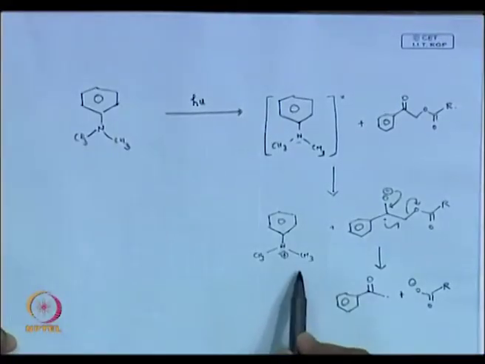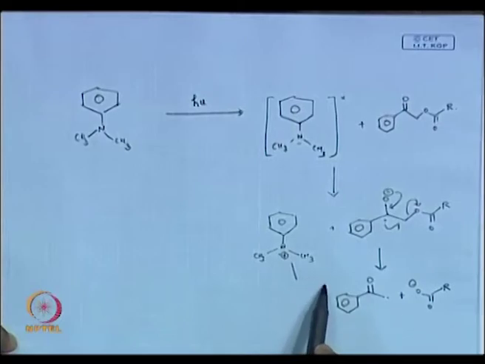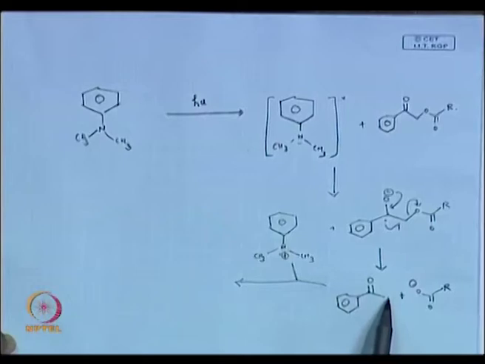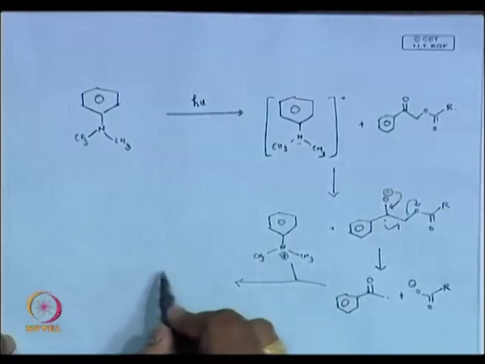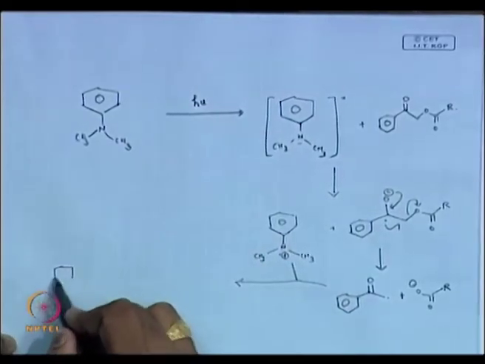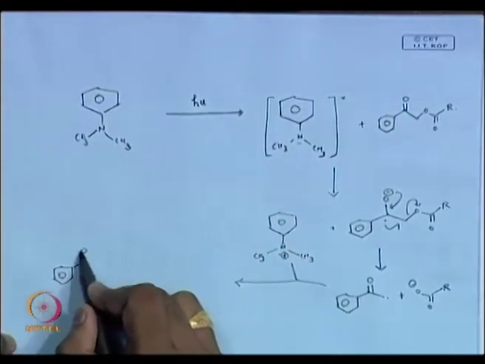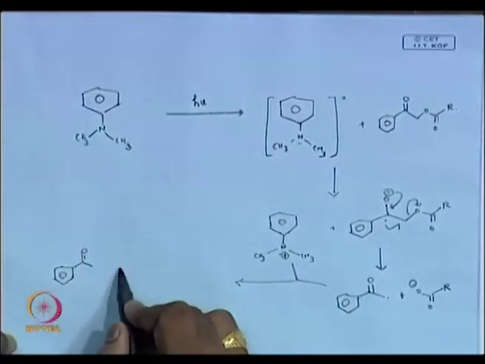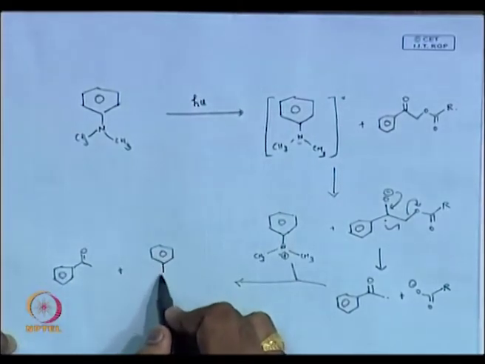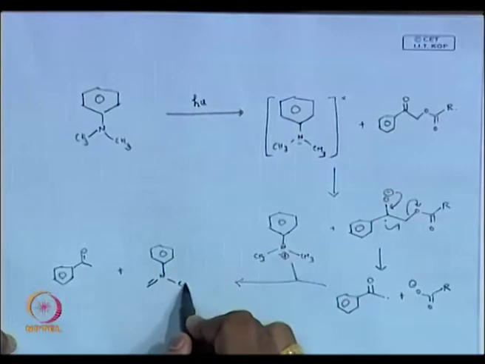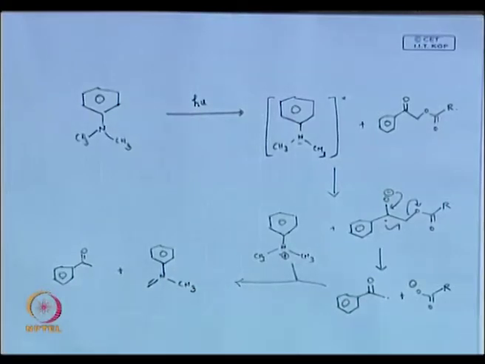And then this radical, okay, can abstract a hydrogen from your methyl, to give you, yeah, you get your acetophenone back, plus you get an amine, right.